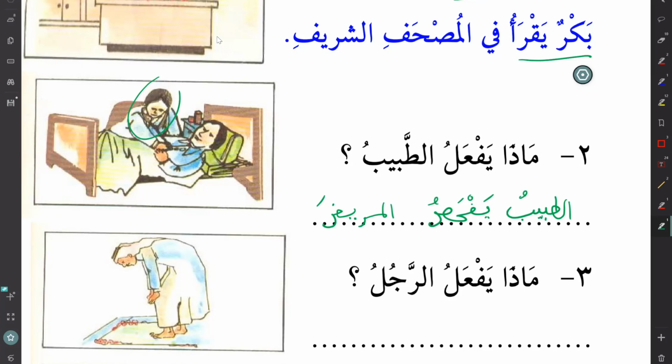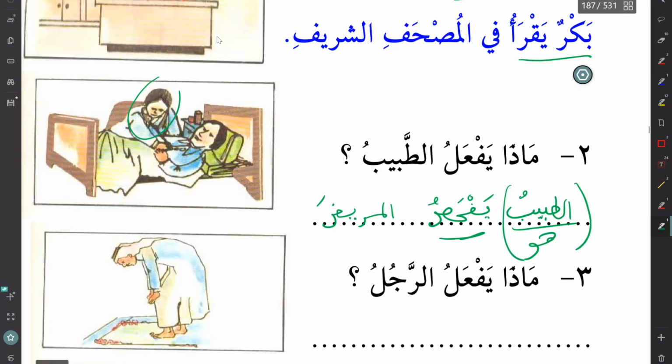Now, you can say الطبيب. You can also say هو. You can replace this word with its pronoun. You can say هو يفحص المريض. Okay, you can do that. And also, you can just simply remove the whole thing. You can just say يفحص المريض. Because remember, this verb has the pronoun built in. So you can just say يفحص المريض. He is examining the patient.